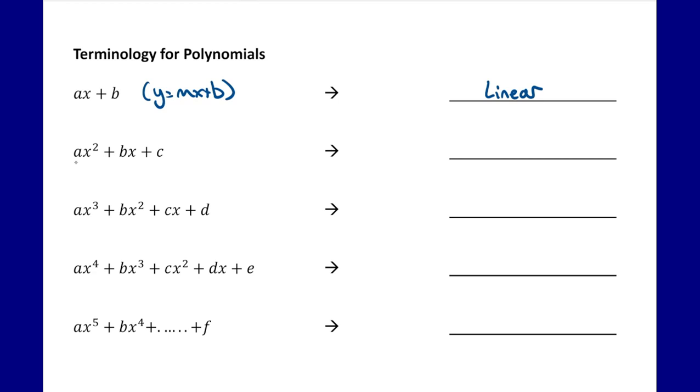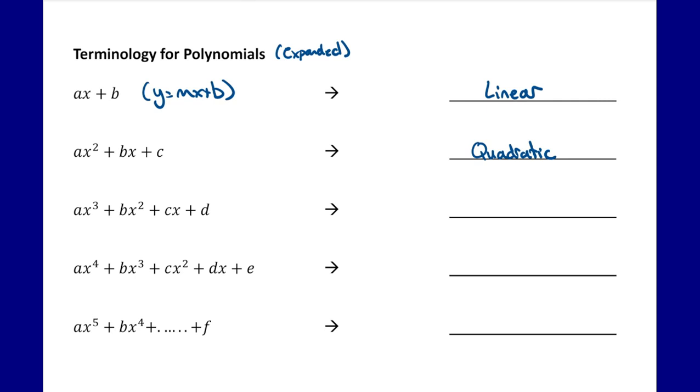If we have something that is ax squared plus bx plus c, when expanded, this would be what we consider a quadratic. So we should be familiar with those 2 terms, quadratic and linear, the two kinds of functions that we've dealt with before.